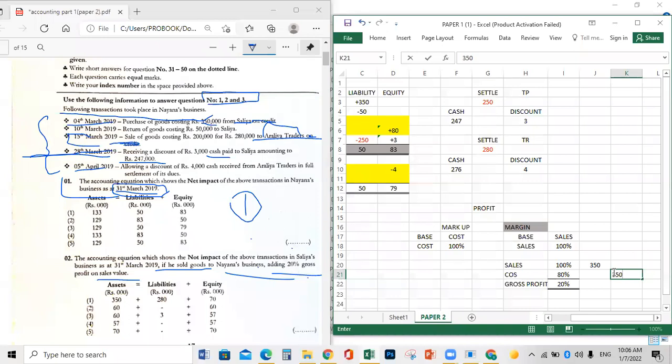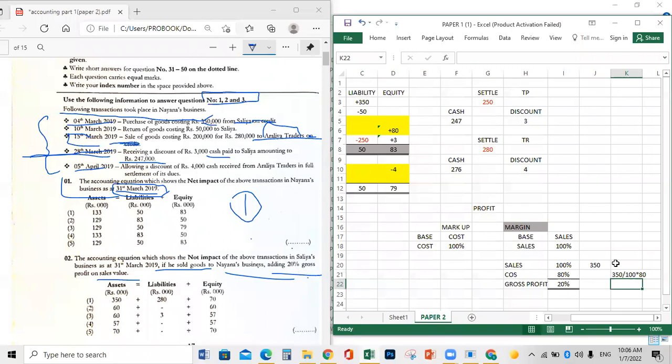350 is the cost for whom? It is the cost for Nayana's business. But for Salia's business, it's the selling price, right? Understood. So guys, if you divide 350 by 100, you will get 1%. And then if you multiply by 80, you get 80%.